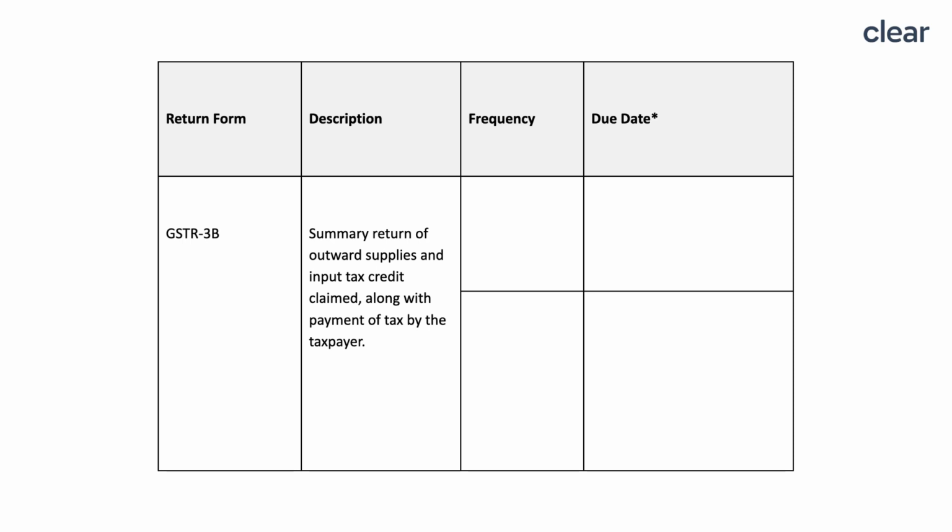Similar to the GST-R1, the filing frequency is monthly or quarterly depending upon whether the taxpayer has opted for the QRMP scheme or not. The GST-R3B is a summary return of outward supplies and input tax credit claimed along with the payment of tax by the taxpayer.